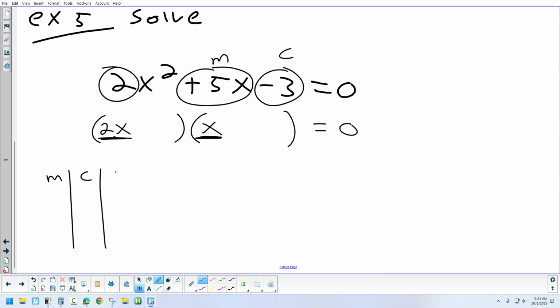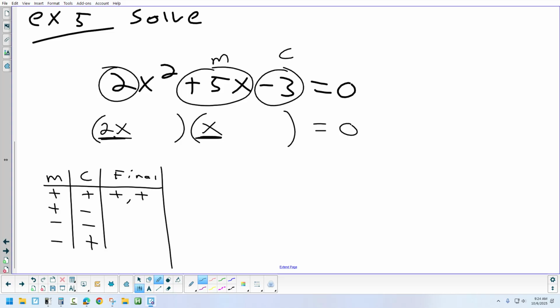And then these will be the final signs when you do your factoring. So we could have 2 pluses for the middle and the constant. We could have a plus and a minus. We could have a minus and a minus. Or I think that's the last one. Okay. If the middle is a positive and the constant is a positive, which is not what we have here, when you factor, it's going to be a positive in each set of parentheses.